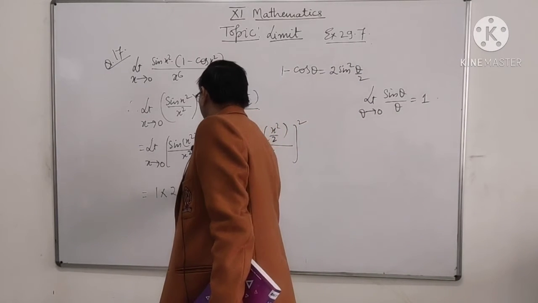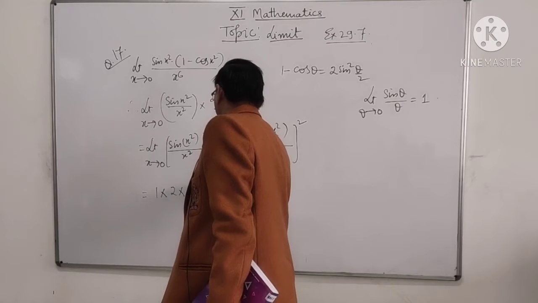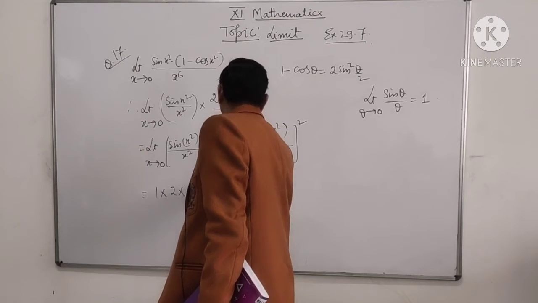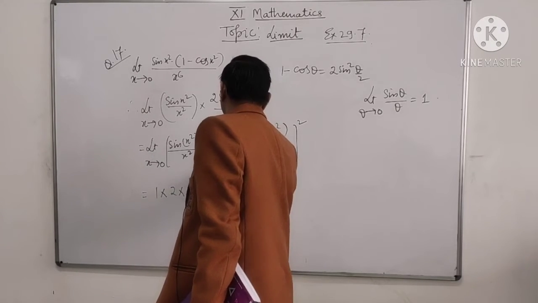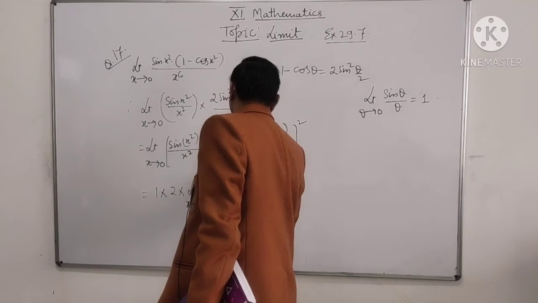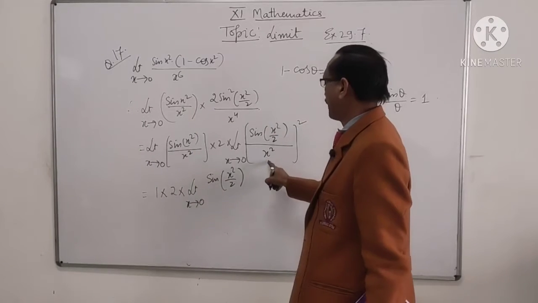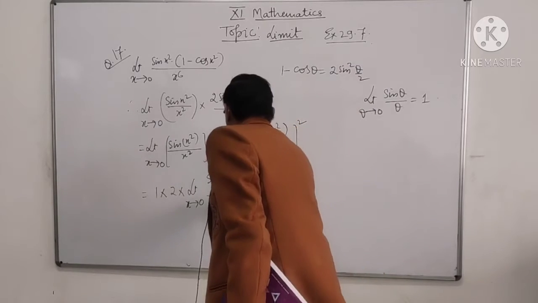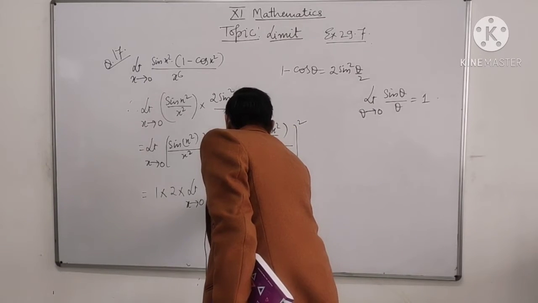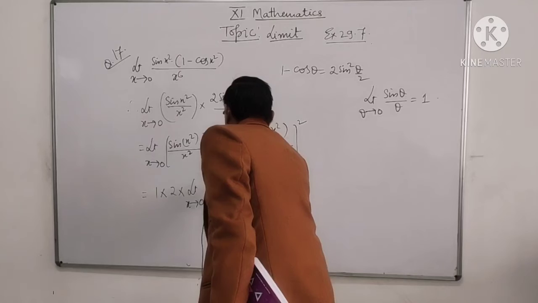Then it is 2 into limit x tends to 0 sin x square upon 2. Now here we will multiply and divide by 2, so it is 2 into x square upon 2 whole square.